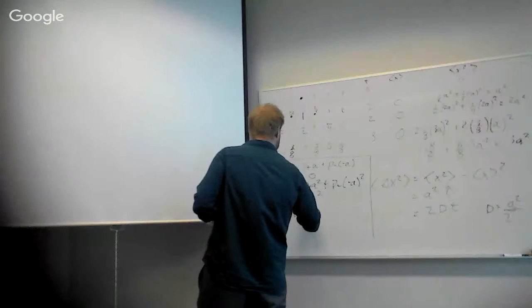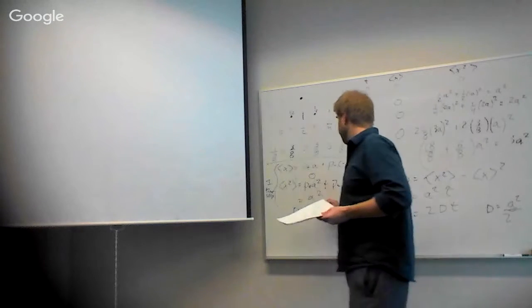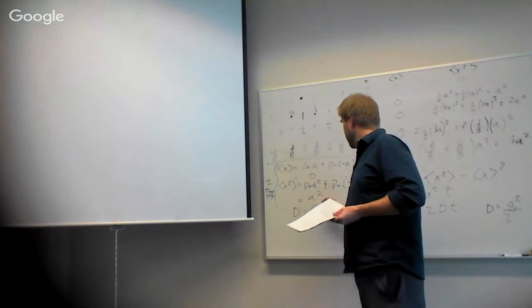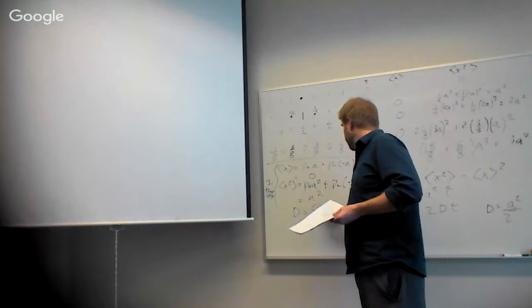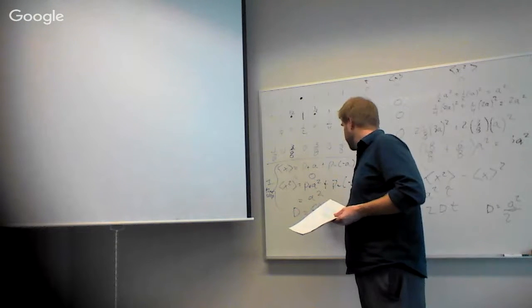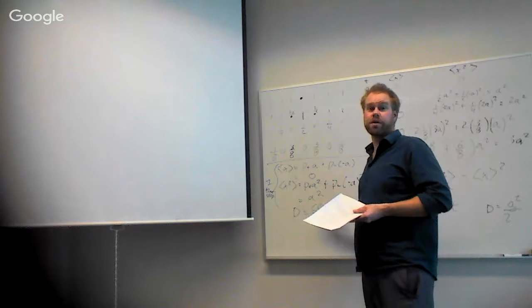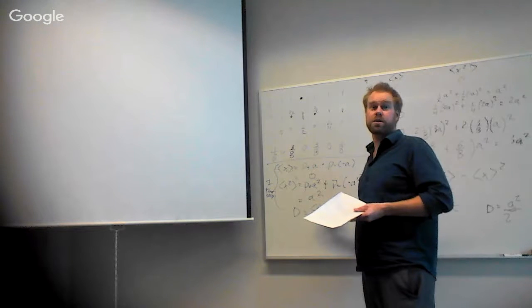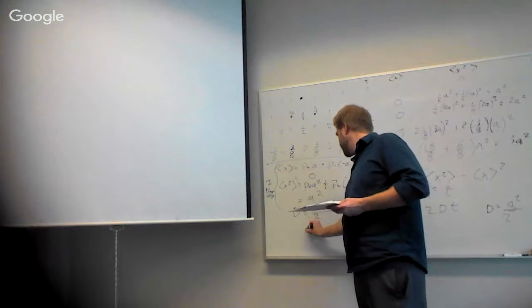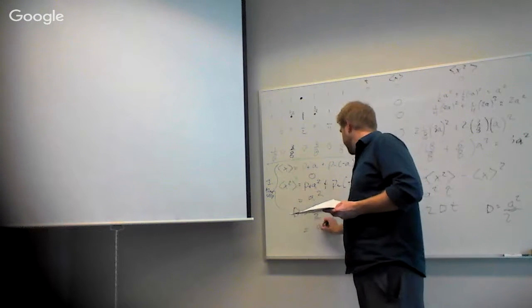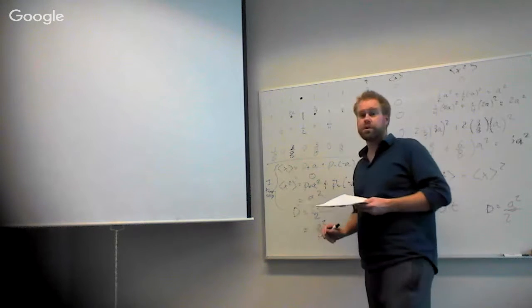And then we know D is going to be equal to our delta x squared over 2 times our time. But our time here is just going to be 1 time step. Okay? And so what is our D equal to? a squared over 2.